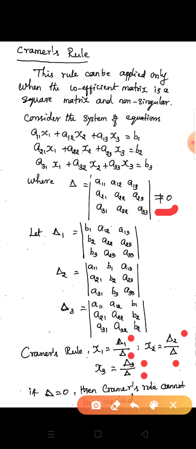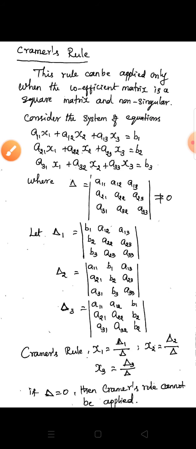Suppose delta is equal to 0, what happens? Delta 1 by 0, delta 2 by 0, delta 3 by 0 are not defined. For this reason we take the matrix as non-singular, that is, delta not equal to 0. If delta is equal to 0, then Cramer's rule cannot be applied. Do you understand?